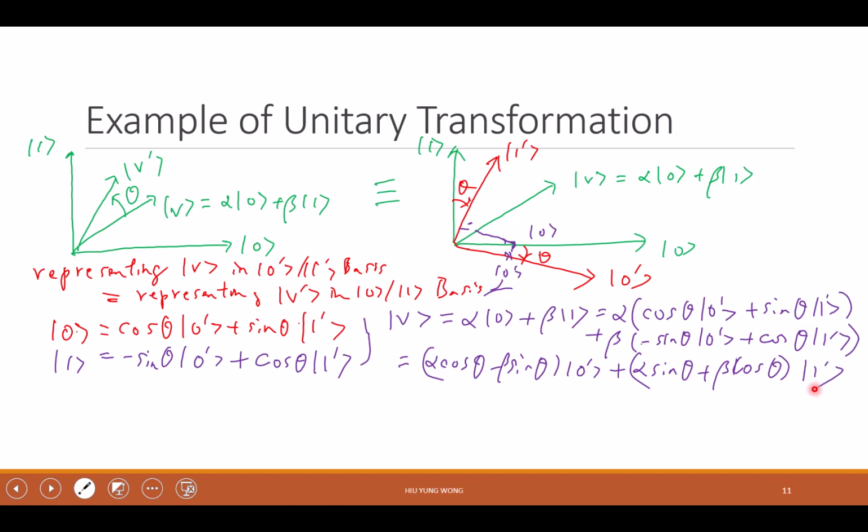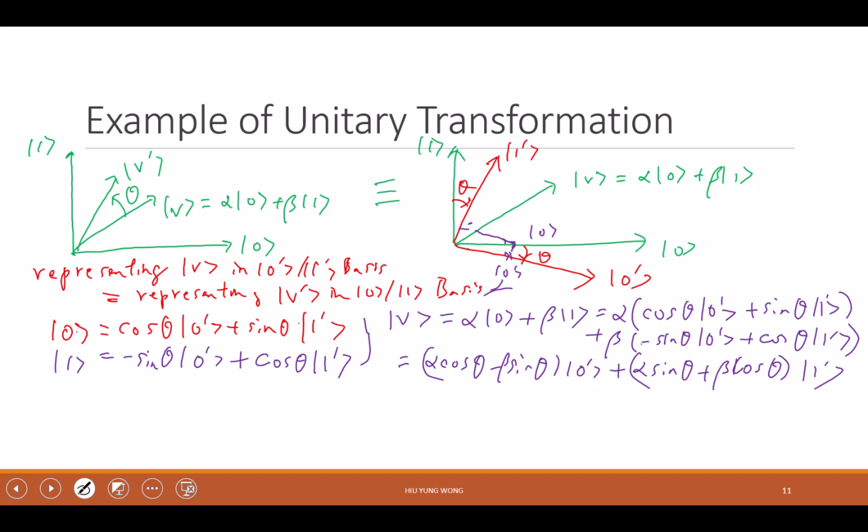I'm just regrouping that. Because this 0 is here, it's alpha cosine theta minus beta sine theta, I get 0 dash. Alpha sine theta plus beta cosine theta, 1 dash. You see that I already represent this guy in the new basis.